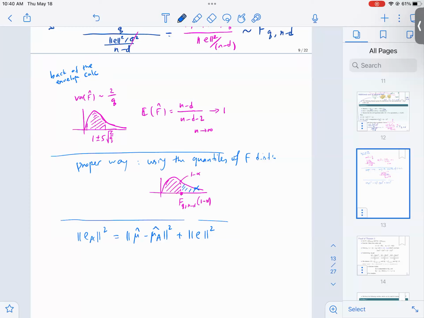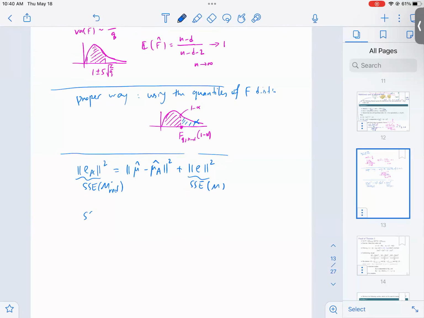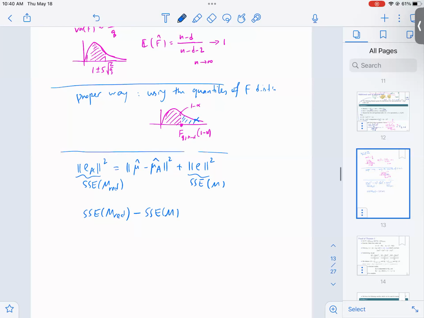But this is the SSE of M reduced, and this is the SSE of M. So we can write the F test as the SSE of M reduced minus the SSE of the full model, divided by Q, which is the degrees of freedom. That's the extra sum of squares, divided by the SSE of M divided by N minus D. Under the null this will have an F distribution with Q and N minus D degrees of freedom, and this would be our F statistic.